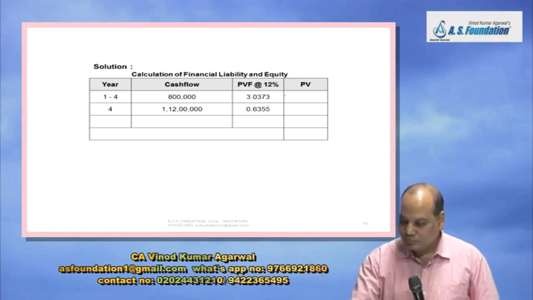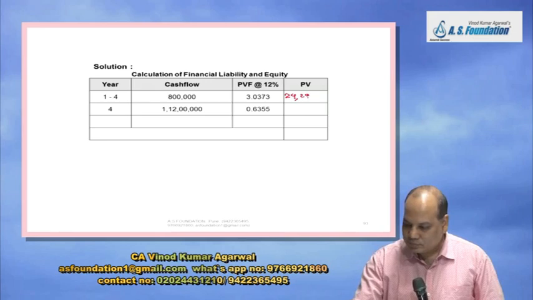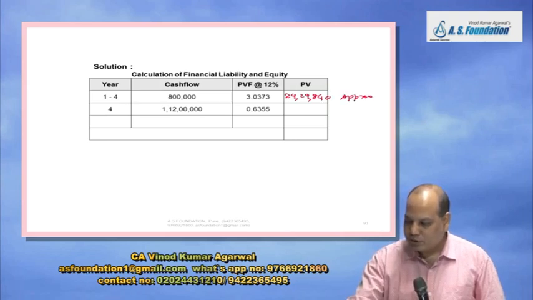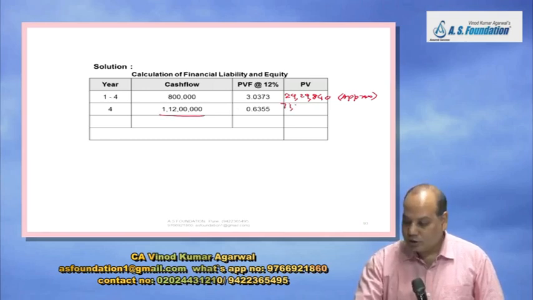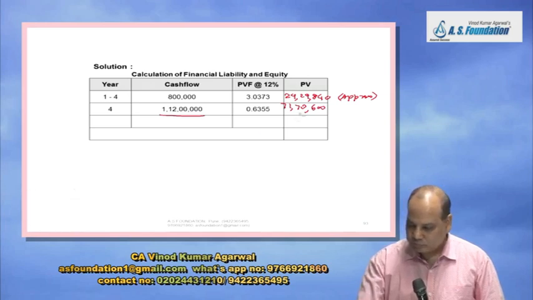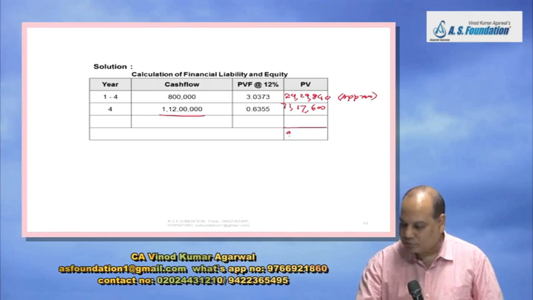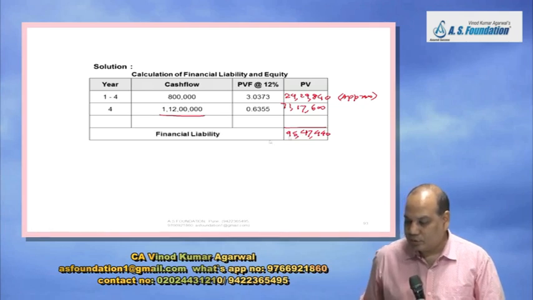Now tell me the answer in the last column. 24 lakh 840, approximately. A 2 or 5 rupees difference is okay. And this into this, 71 lakh 70,600. Total, 95 lakh 47,440.